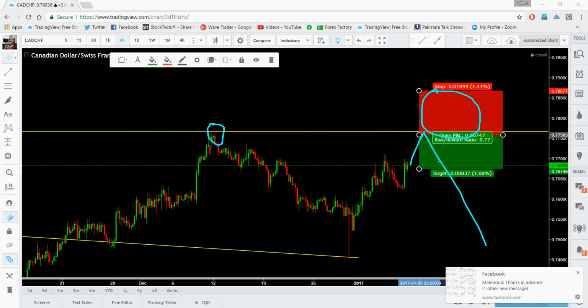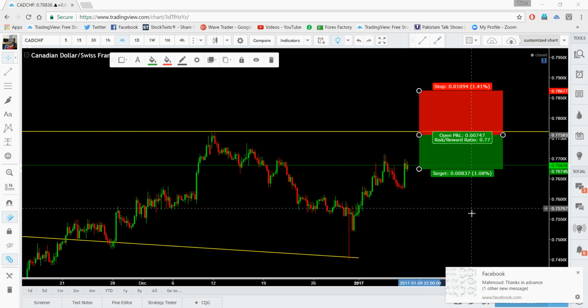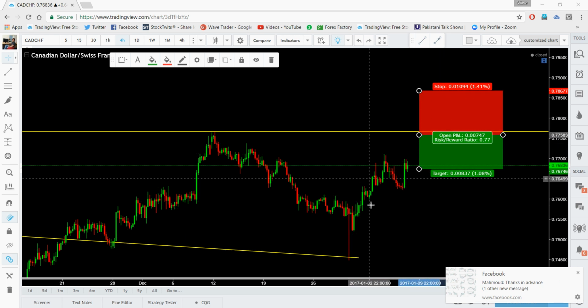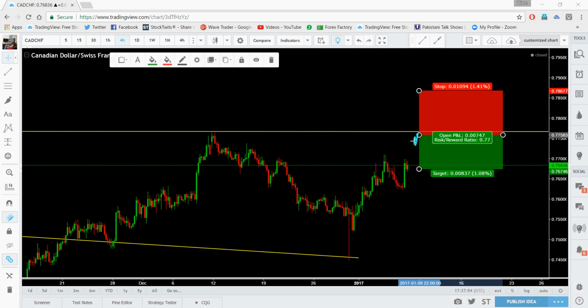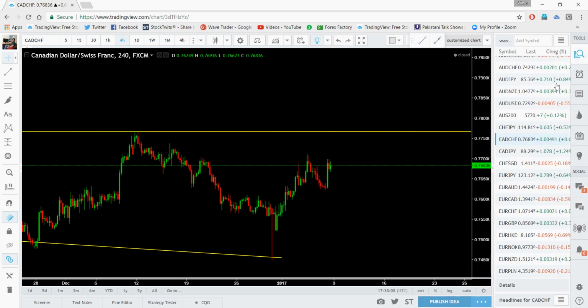So try to sell as far as you can from the previous structure. The structure is this. If price goes beyond, that is good for you to sell somewhere here. Be patient. You don't need to worry that you're going to miss this move.